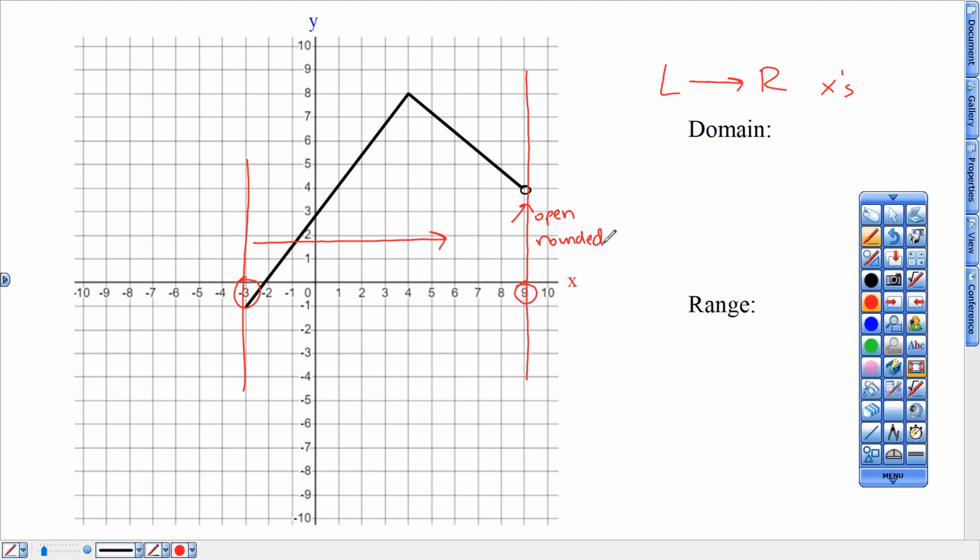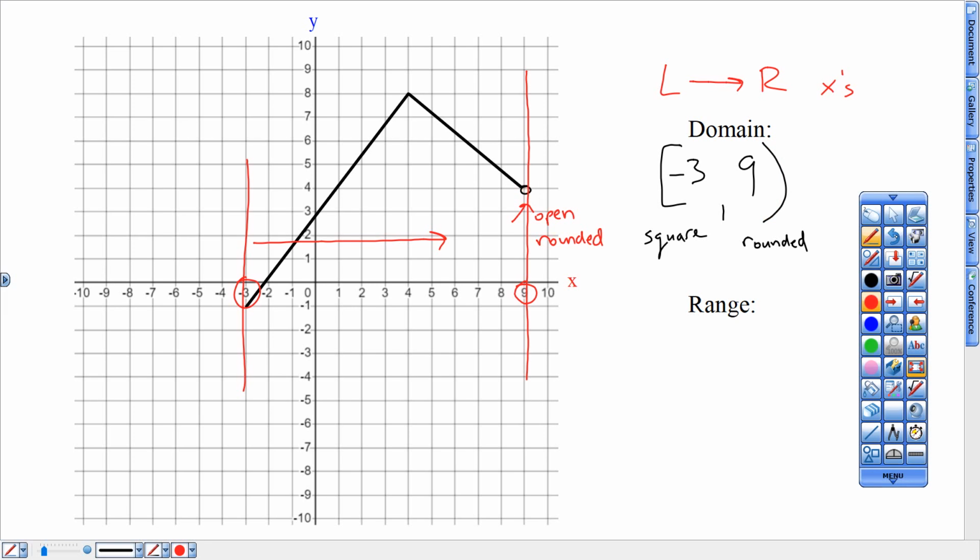So this domain would be a square bracket from -3, comma, to 9 on that x-axis, but I do the 9 rounded because that data point is open. If this data point had been filled in, I would have done a square bracket. But since it was open, I do a rounded bracket.